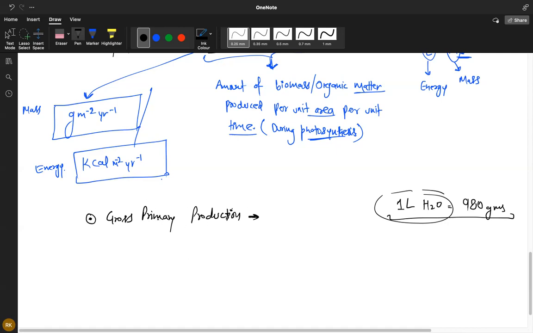So write down: gross primary productivity of an ecosystem is the rate of production of total organic matter during photosynthesis.